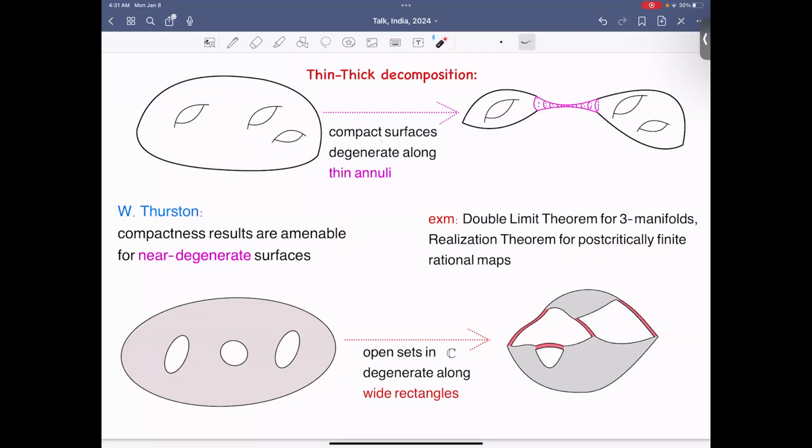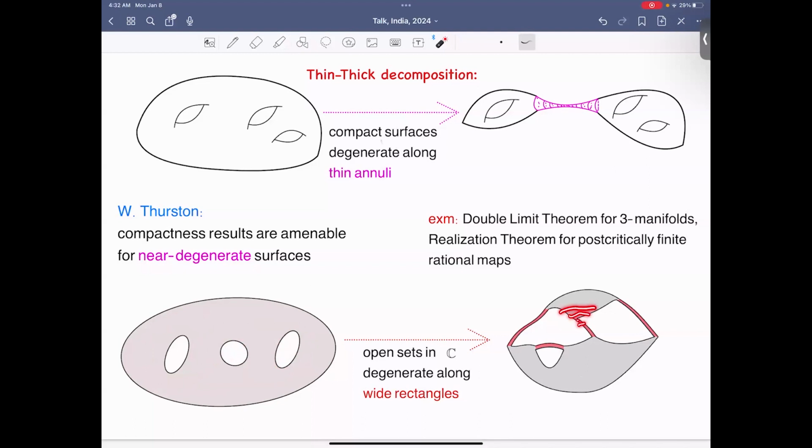But there is an analogy of such a decomposition for open sets in the complex plane, for surfaces with boundaries. Namely, if we have an open set of finite type, then the only way it degenerates is by developing white rectangles. For example, if we look at these two components, if they start to degenerate, then we can look at the set of curves that connects them.